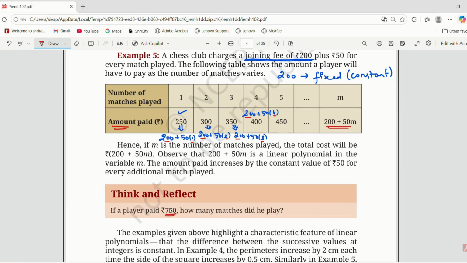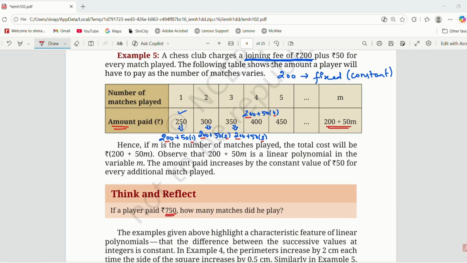So let's consider this as a linear problem. Basically, the number of matches played can be assumed as x, where 1, 2, 3, 4 and m are given, and the amount to be paid will be assumed as a. This is nothing but 250, 300, 350, 400, and finally for m matches, we found the pattern, it's 200 plus 50m.